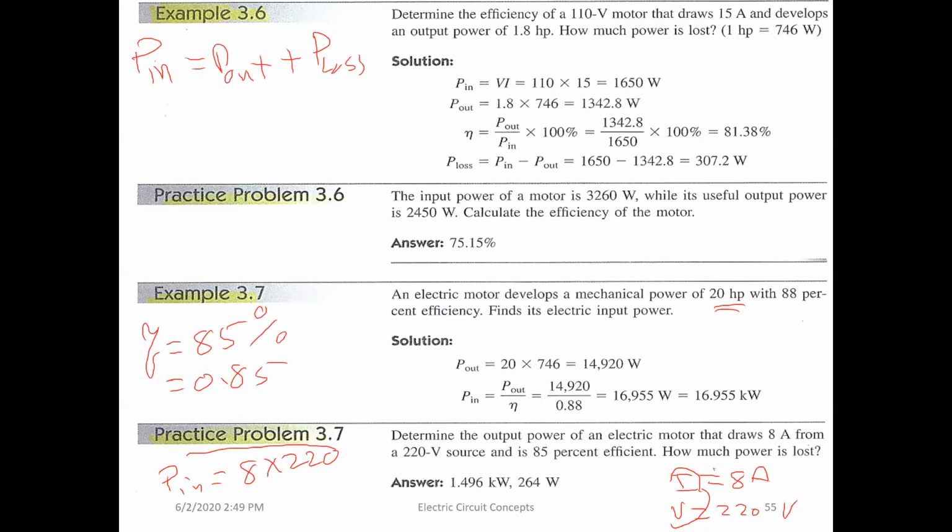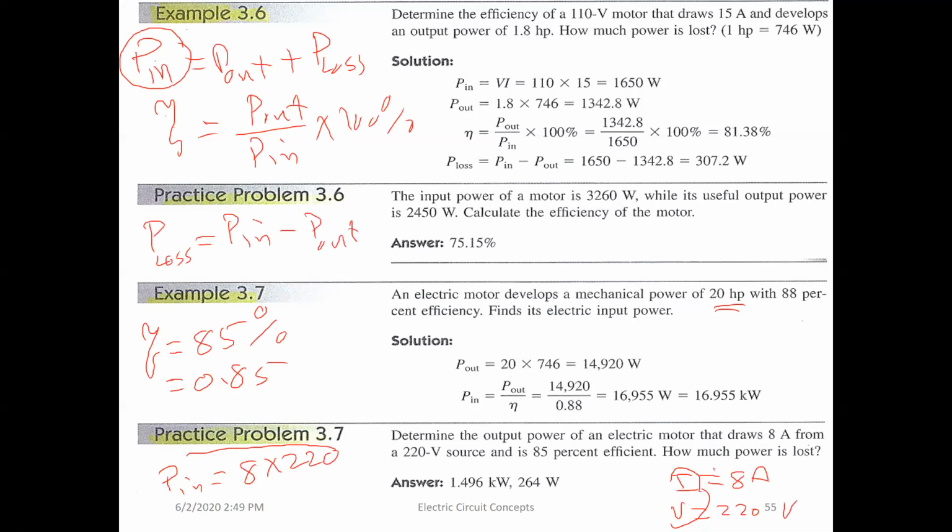Okay, and then the efficiency equal to P out over Pin multiplied by 100%. Okay, so we are given Pin, we're given the efficiency, and we need to find P loss. So P loss equals Pin minus P out. Okay, that's good. So the only missing one is P out. We already determined Pin. So what's the P out?